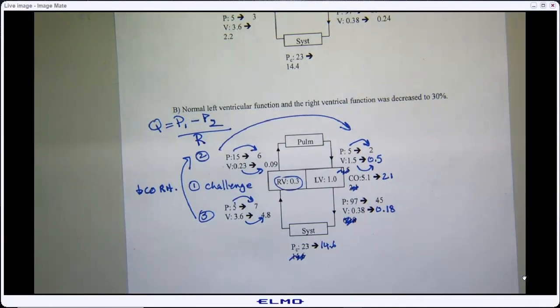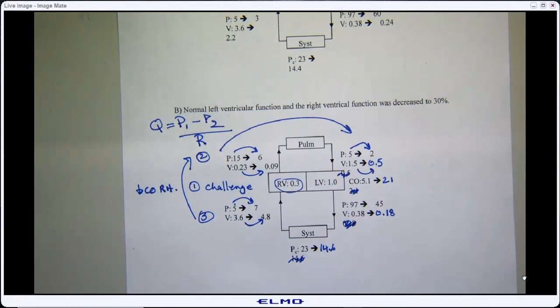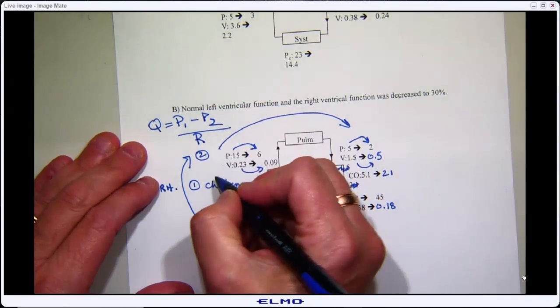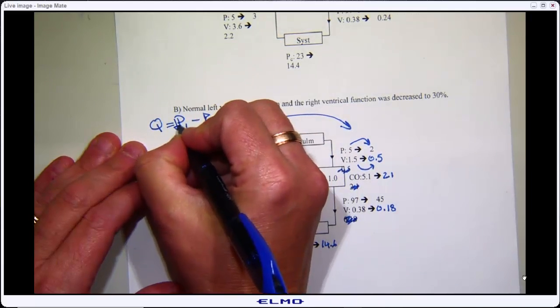Based on the flow equation, what is going across the pulmonary system right now, right? It's based on P1 and P2 and a resistance. So we didn't change resistance, but we did indeed drop P1.